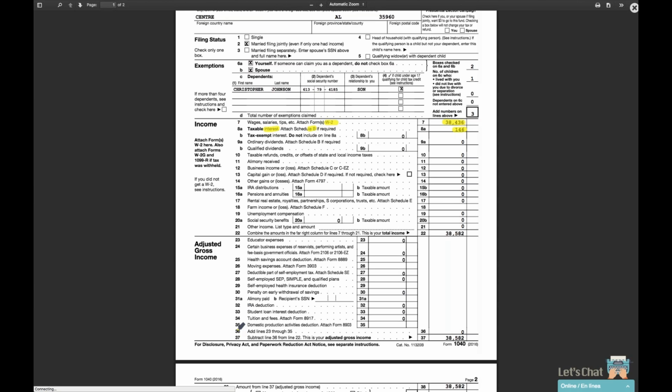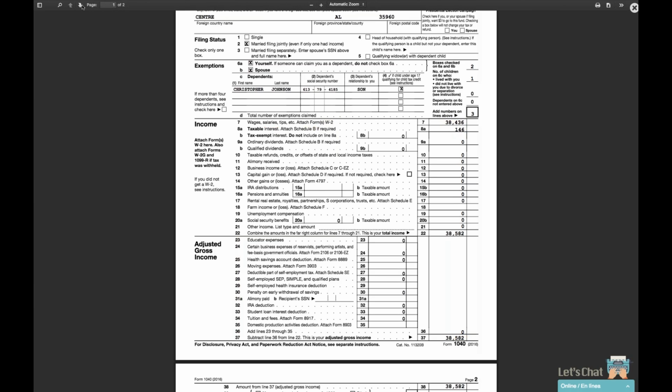There's no adjustments. And trust me, there's not going to be many adjustments. There are not many people who actually have the paperwork or the qualifications to get their income adjusted and reduced. So their total income is going to be $38,558, right? That's simple math that the system created for me.